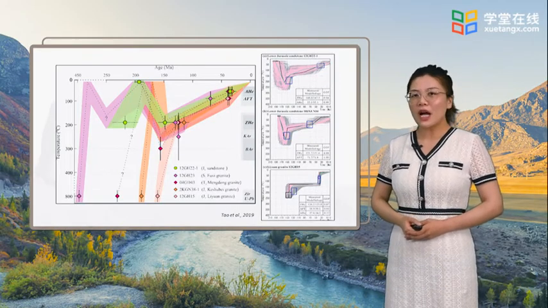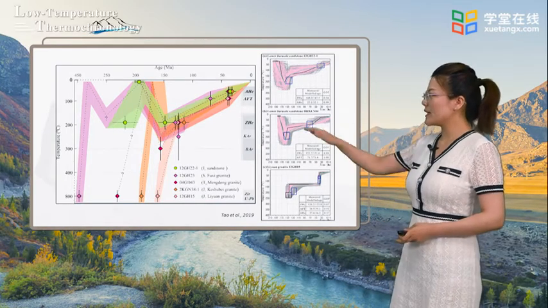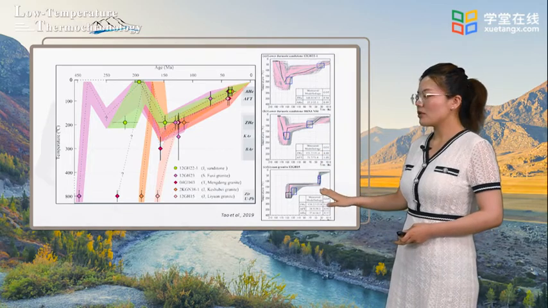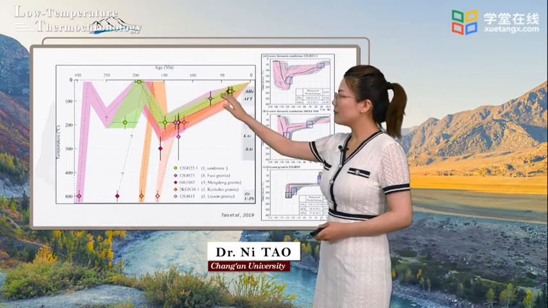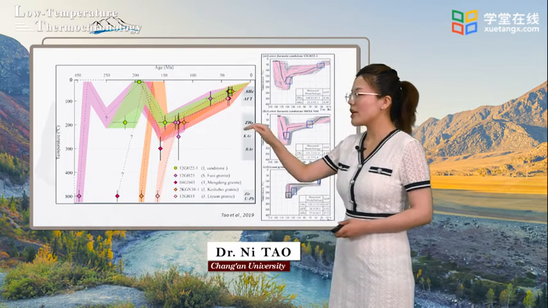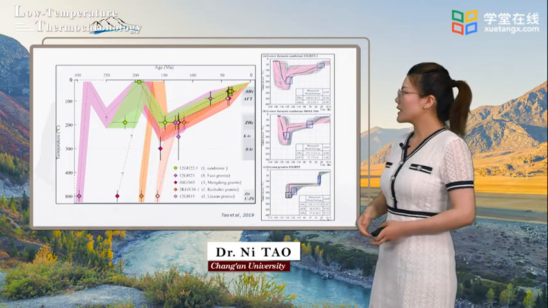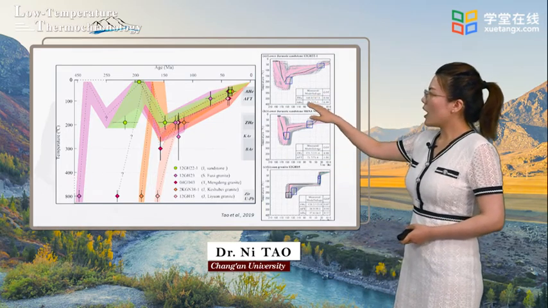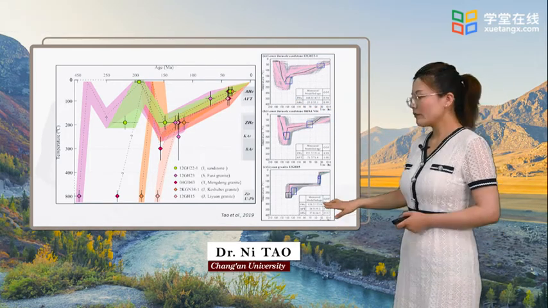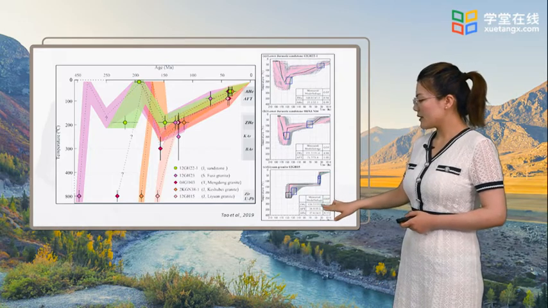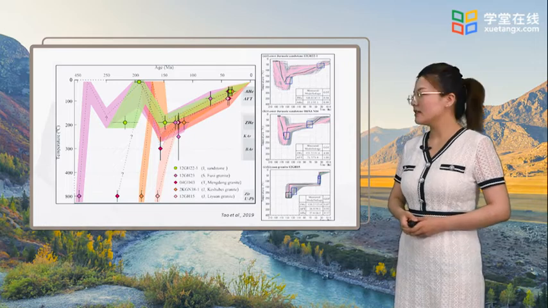The above data are comprehensively analyzed by 2 approaches. First, as shown in these figures, is the inverse modeling using the HeFTy program, and second, the forward modeling by plotting the low-temperature thermochronological ages versus their closure temperatures. You can see from this modeling result that all the modeled age data and apatite fission track length data are listed here, and we can see the GOF parameter here as an indication of the agreement between the modeled and the measured data.